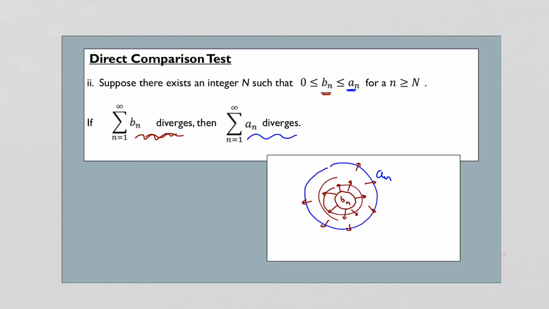So it's getting bigger and bigger, and it takes with it a sub n, and therefore a sub n also diverges. That was the idea.